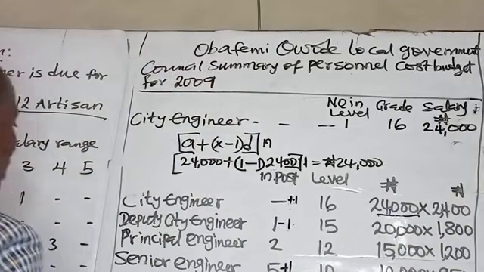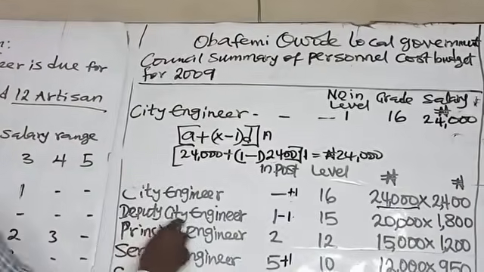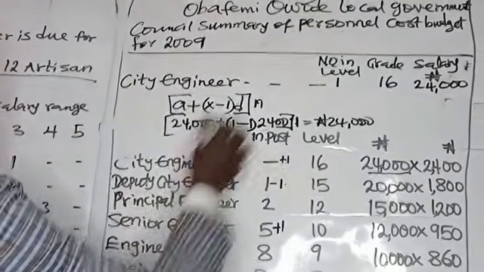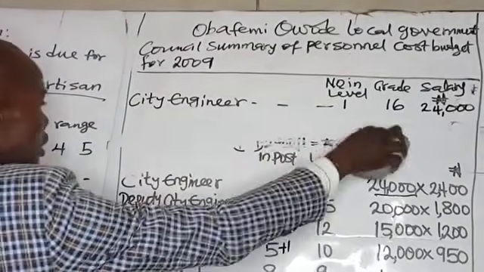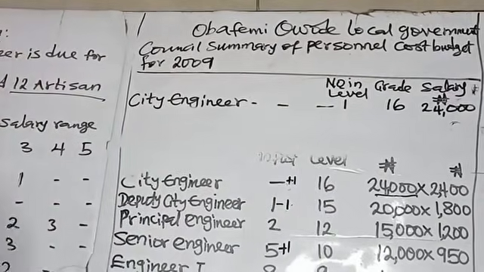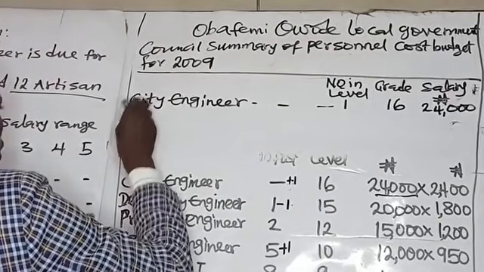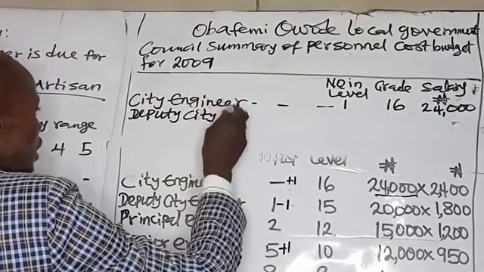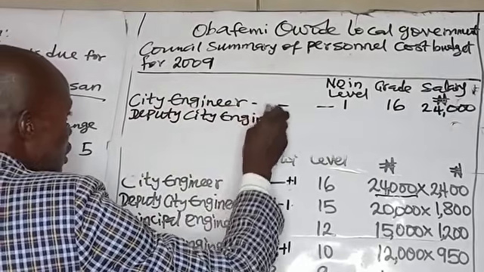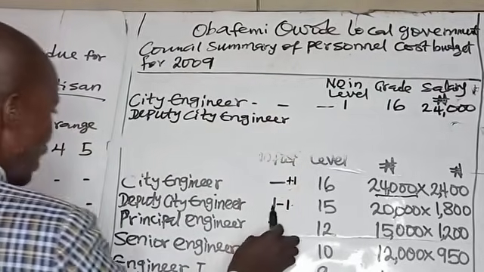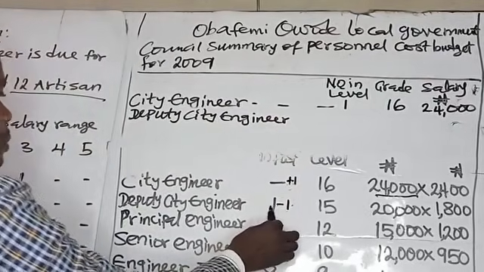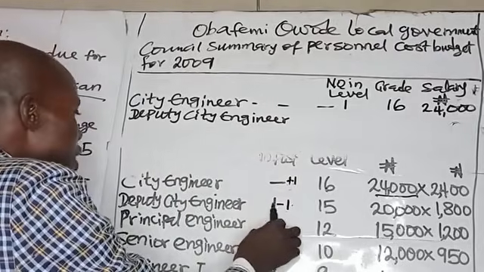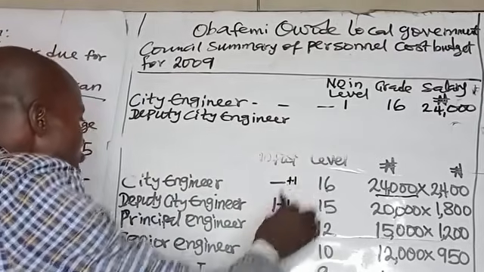Then after city engineer, you have deputy city engineer. You were previously having one person there, and the one person who was in deputy city engineer has now been promoted to city engineer.